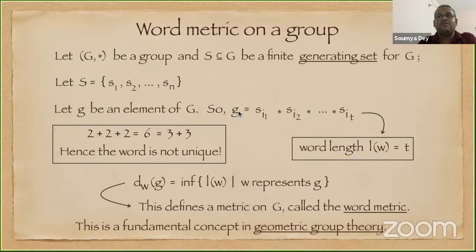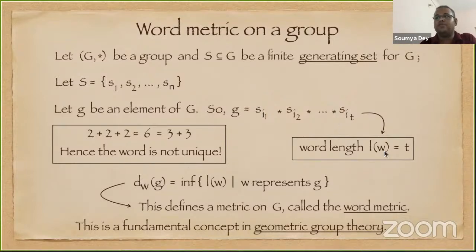Okay, let me go slowly now. Given any g in your group, you want to give this g some length. You will say that the length of g is some value. How will you do that? You consider all possible words in terms of this generating set which represent your element g, and for each of these you consider their word lengths.